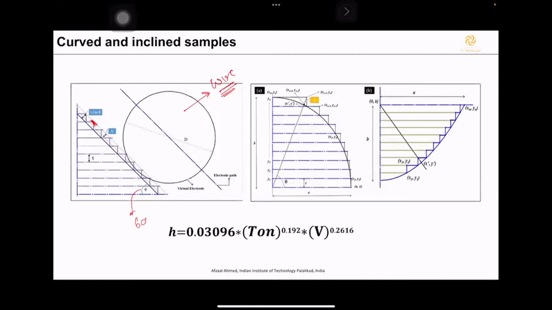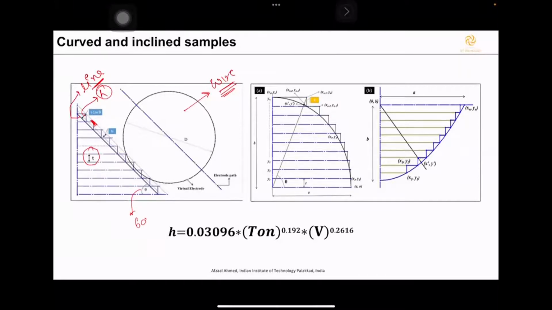Ultimately, I reach this particular line. Correct? So my job here is to find out the number of passes required to reach this final surface. As you can see, T is the layer thickness here, and H is the tip height from the final surface.